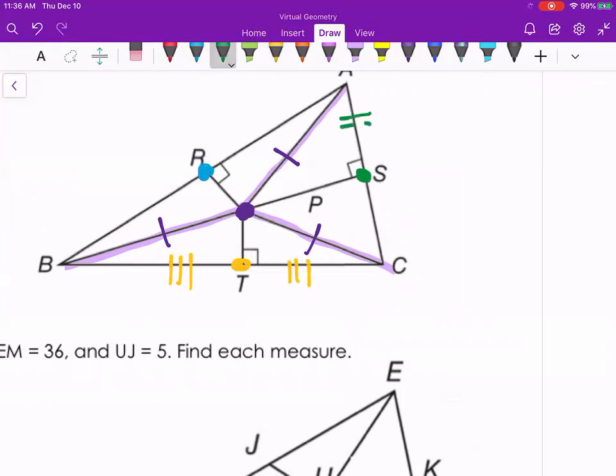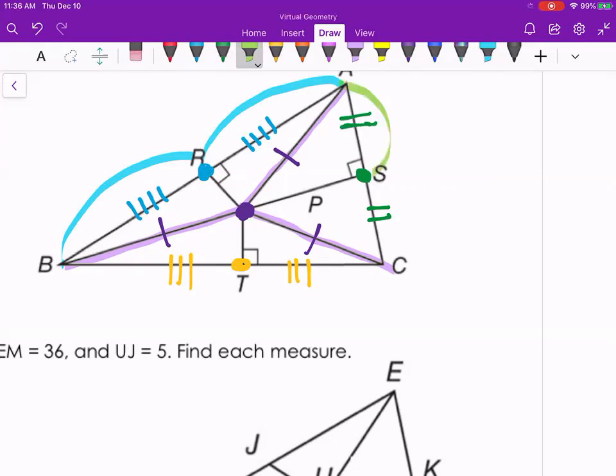Either side of S is congruent, and either side of R is congruent. So R to B is the same as R to A. S to A is the same as S to C. And T to C is the same as T to B.